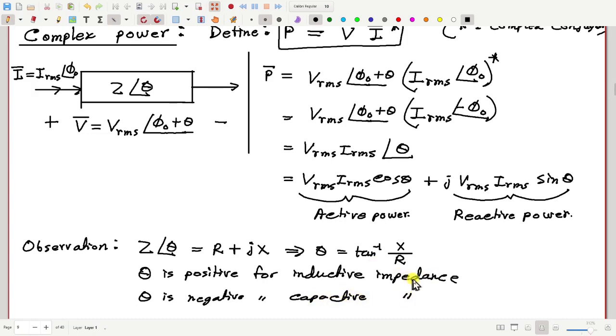You also observe that when theta is positive, sine theta will be positive, and if theta is negative, sine theta will also be negative.